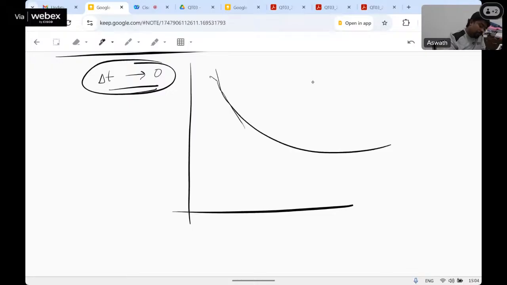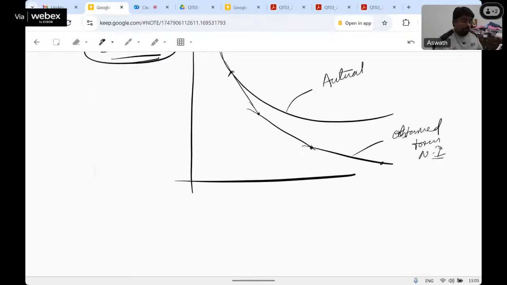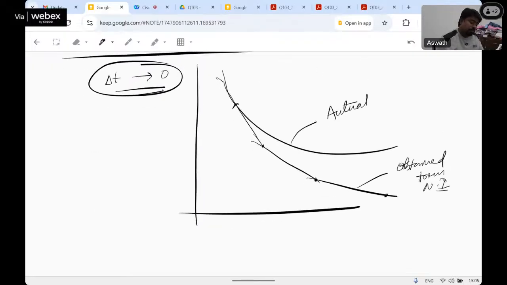If you start dropping a slope and finding a point, then dropping a slope, finding a point, and so on, this is the actual curve, and this is what you obtain from numerical integration. That is the problem with Euler's rule.